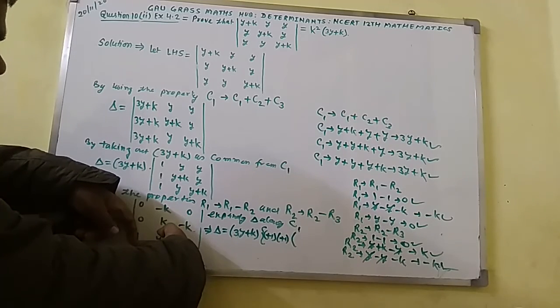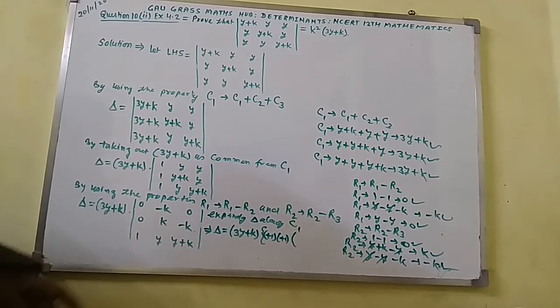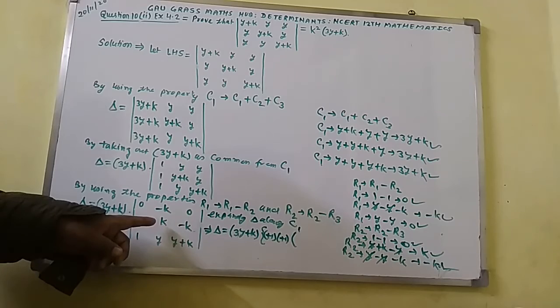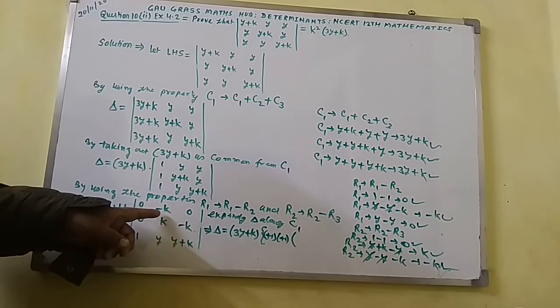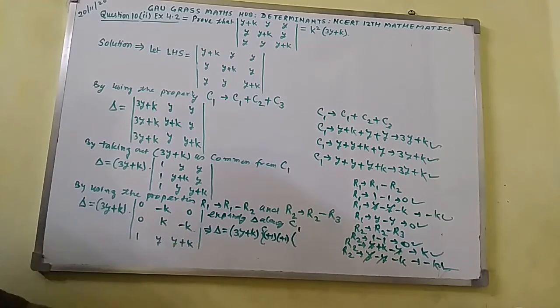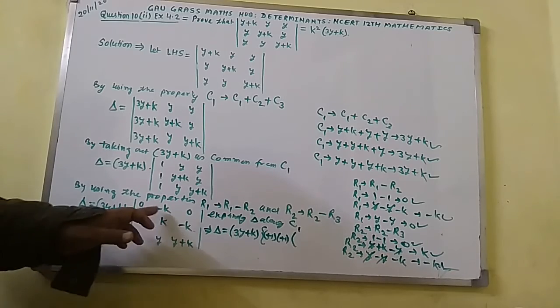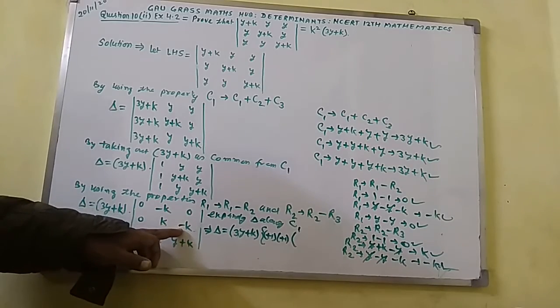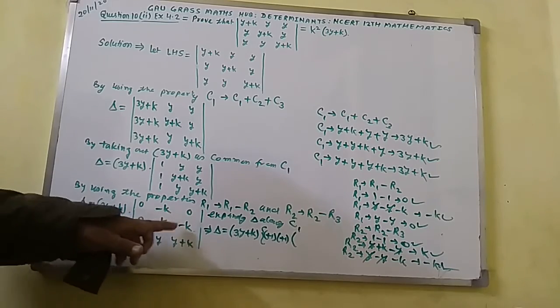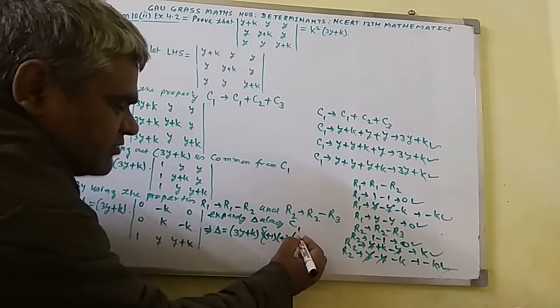You will get the minor as minus k, 0, k, minus k. In this case, the elements of the principal diagonal, minus k and minus k, will be multiplied together. We will get k square. So here write k square.